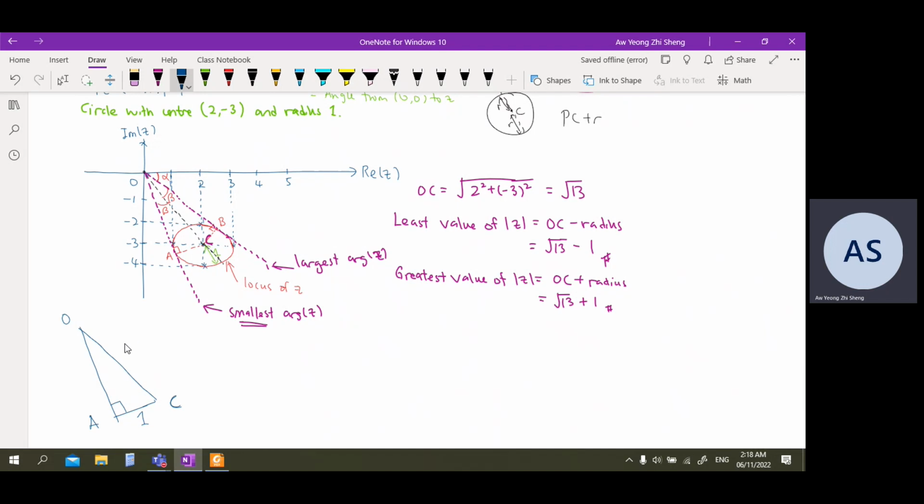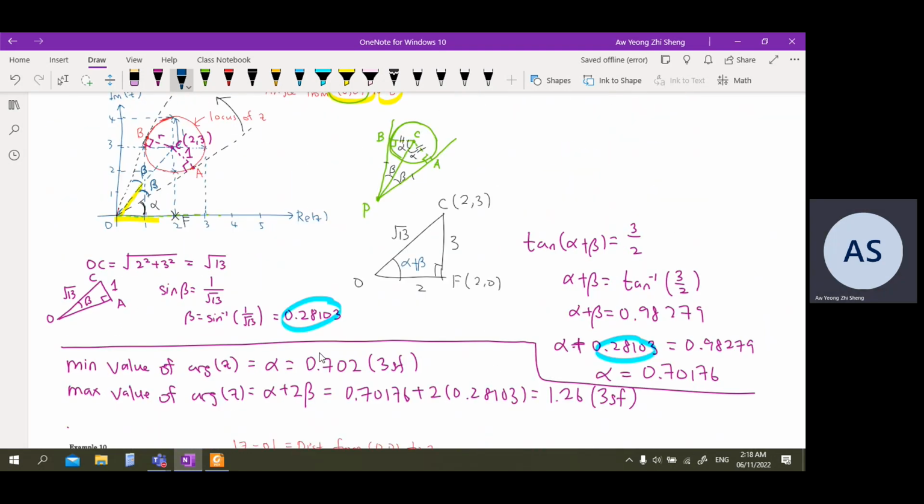OC, we already had as root 13 from our previous calculation. And our beta is here. Making use of this right angle triangle, beta will be inverse sine of opposite over hypotenuse, 1 over root 13. That would give us 0.28103.